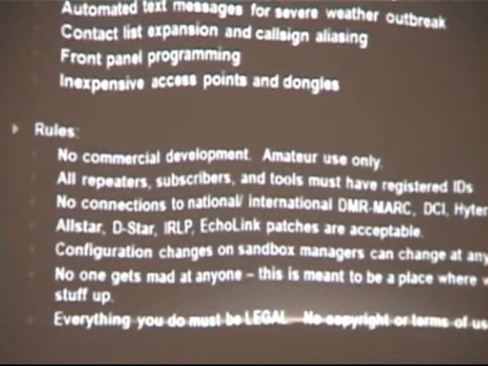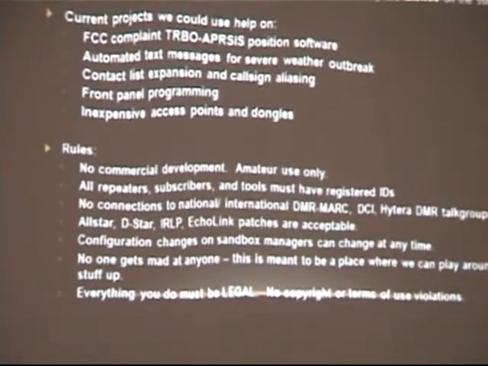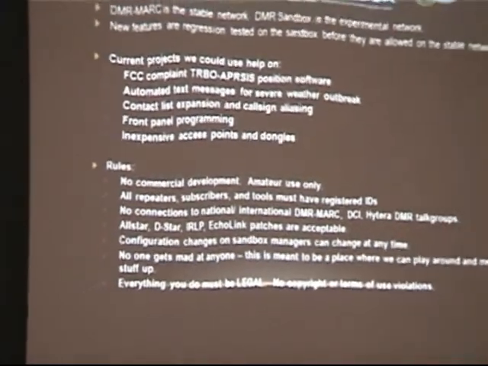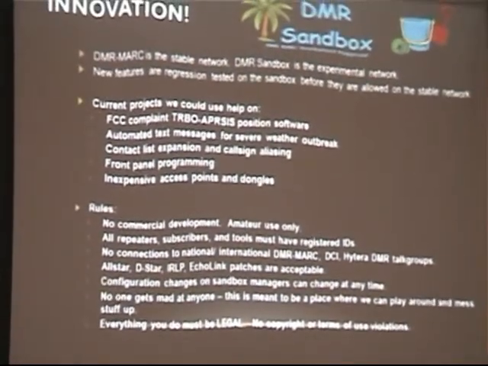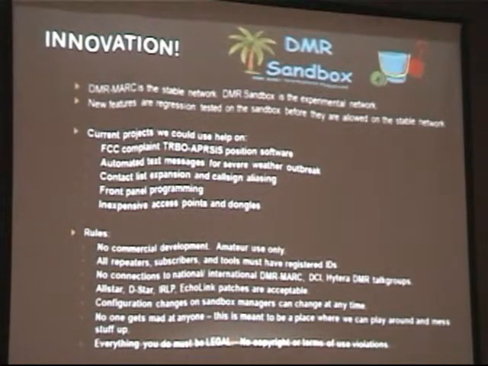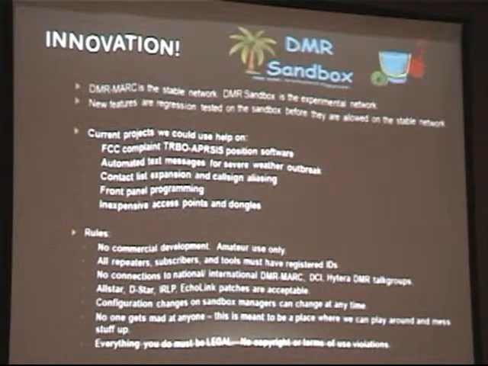Right now, most radios are limited to about 1,000 contacts. They're looking for call sign aliasing, and then some front panel programming. There are some products out there that allow you to do some front panel programming. But as it stands right now, you have to have a laptop and a programming cable, primarily because the products are made for amateur radio.